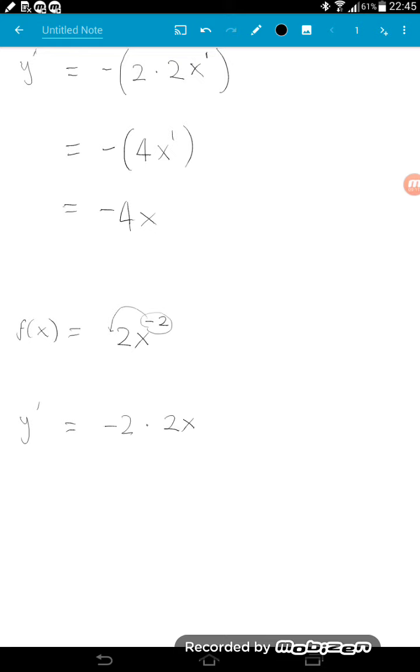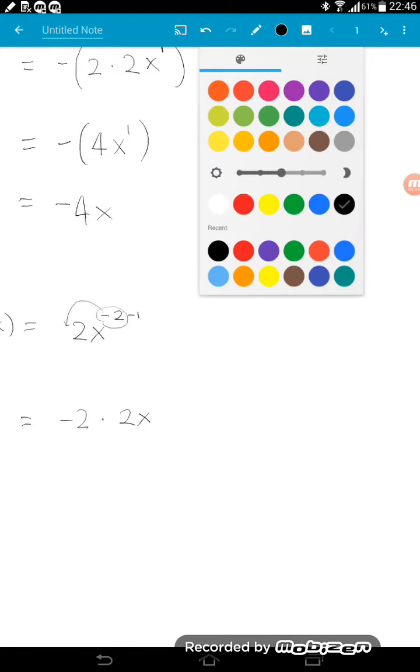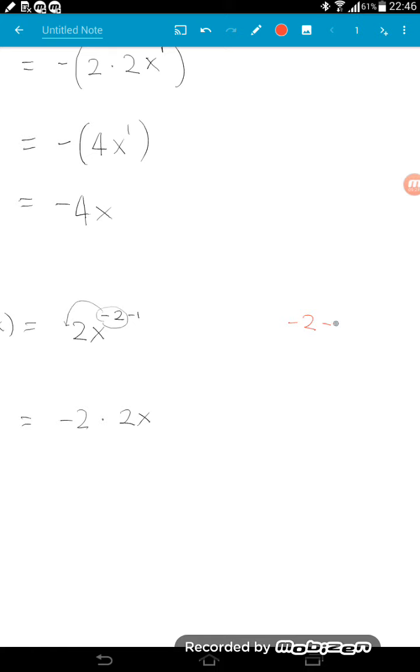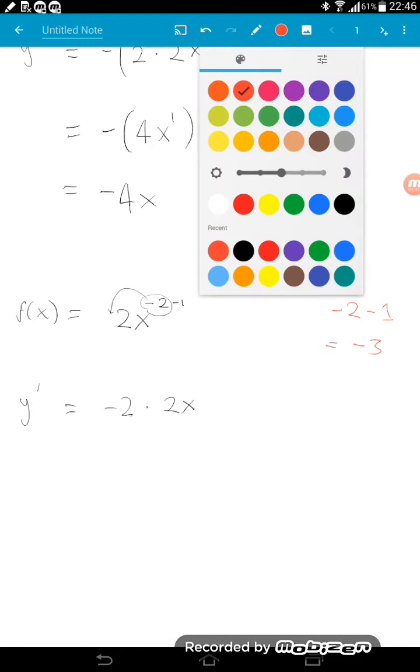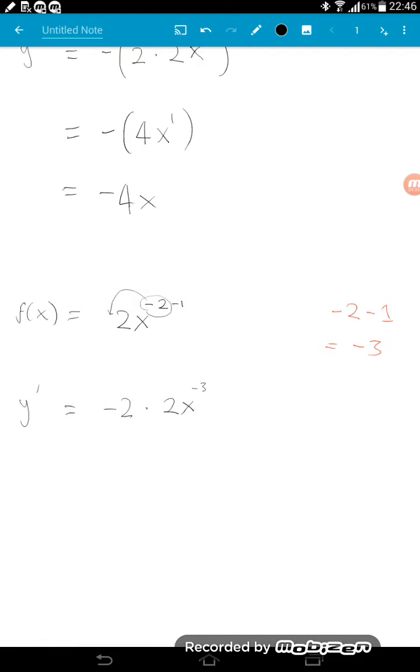And on the previous questions, I told you guys many times to reduce your exponent by 1. Just minus 1. So negative 2 minus 1. What is negative 2 minus 1? It's going to be negative 3. So what you want to write over here is negative 3. So what is negative 2 times 2? It's going to be negative 4. Since you've got x as your variable, just include your x. And your exponent is going to be negative 3.